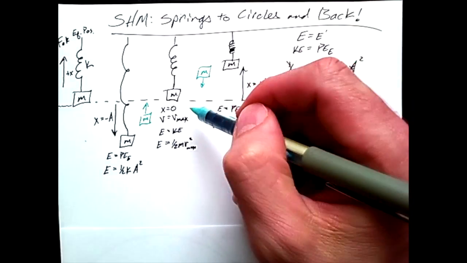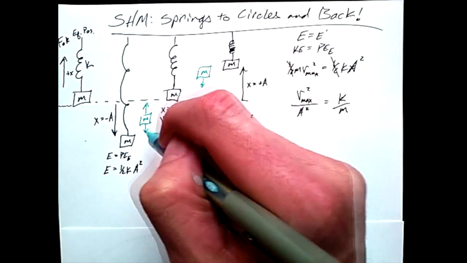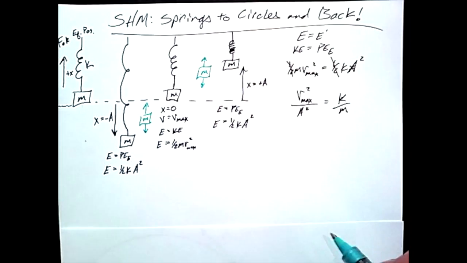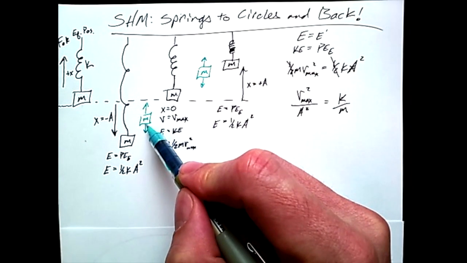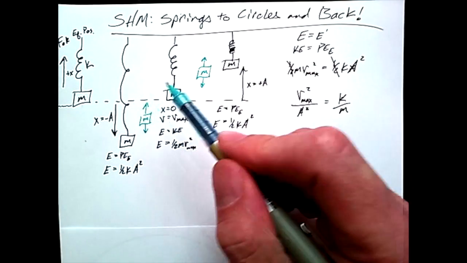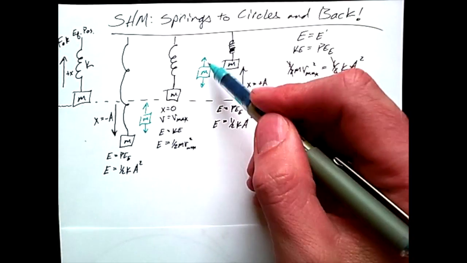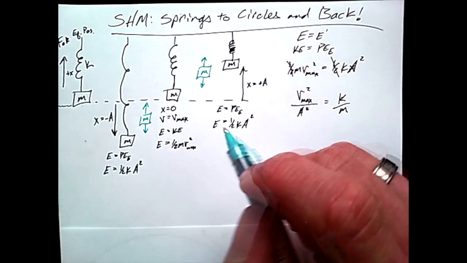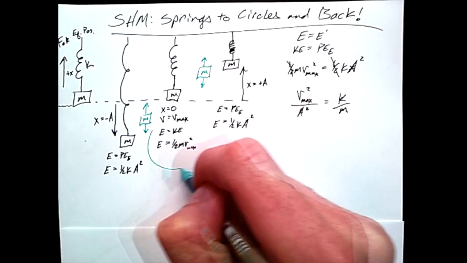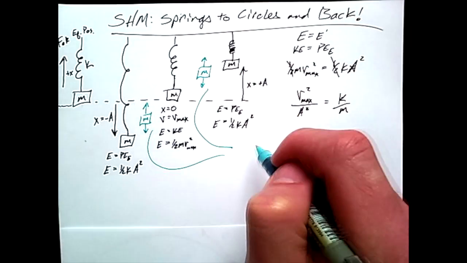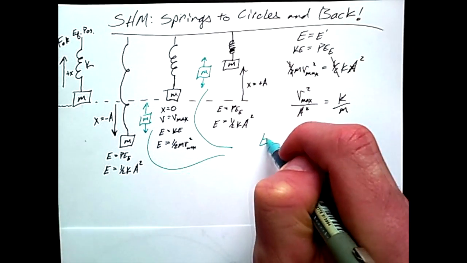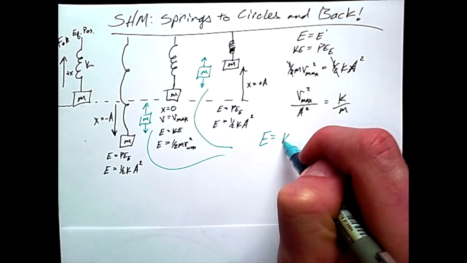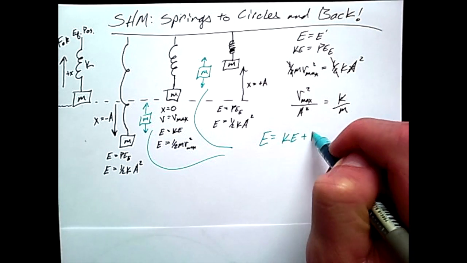It's also possible that these could be moving in the opposite direction in the inverse cycle. Nevertheless, the mass would be moving while the spring is also stretched out, and the mass would be moving while the spring is also compressed. So at any other point, these two blue positions, we could say that the total energy is equal to kinetic energy plus elastic energy.